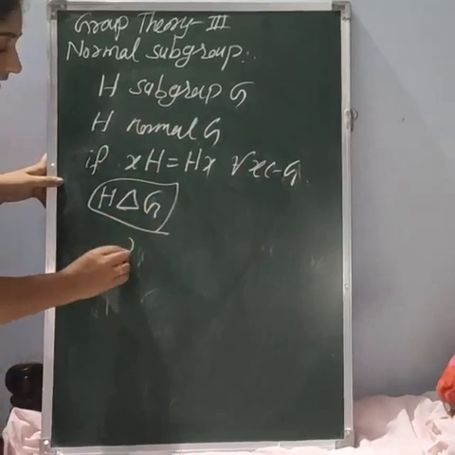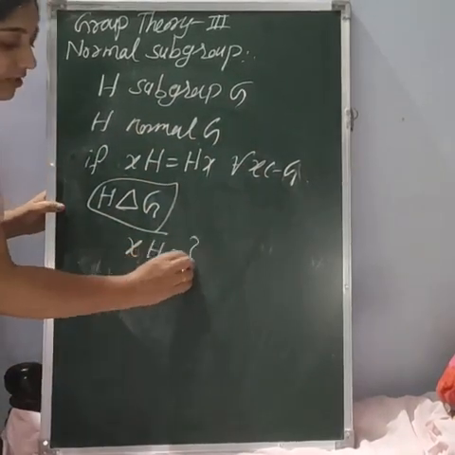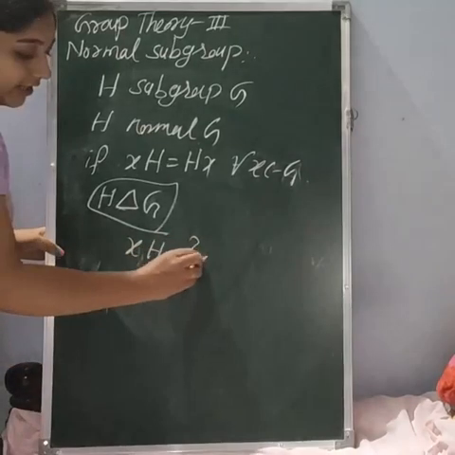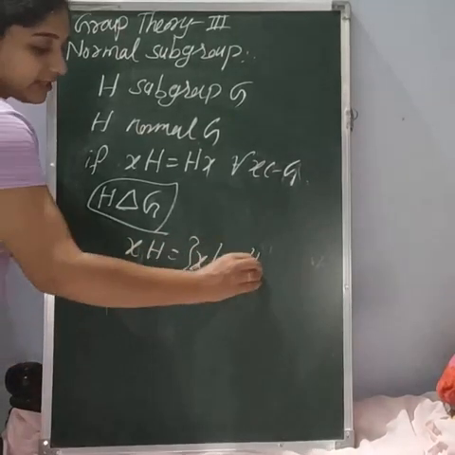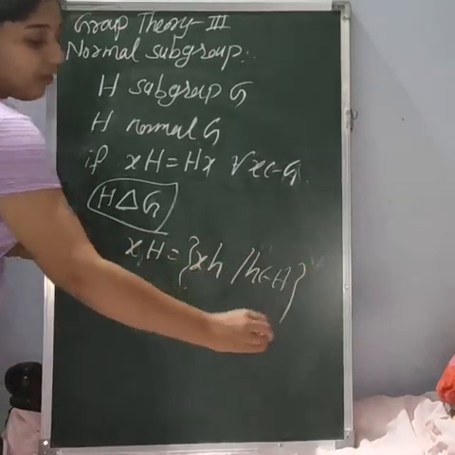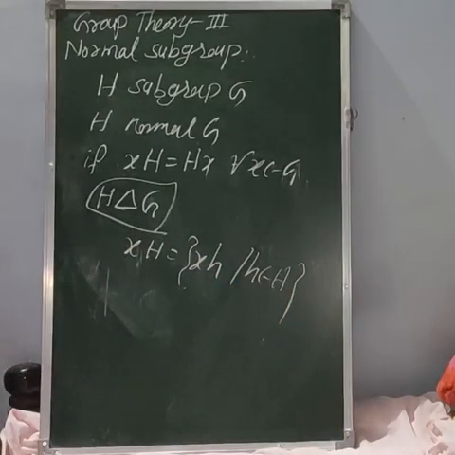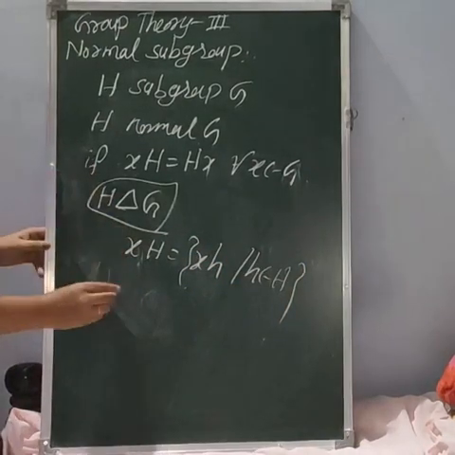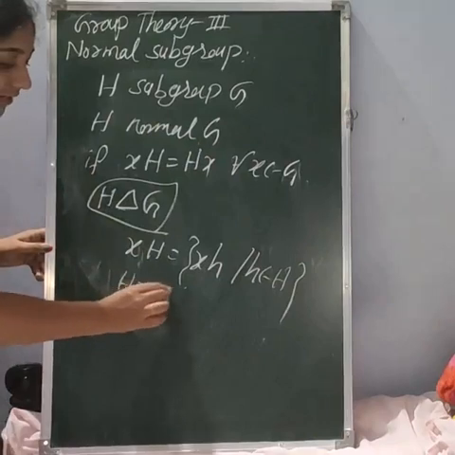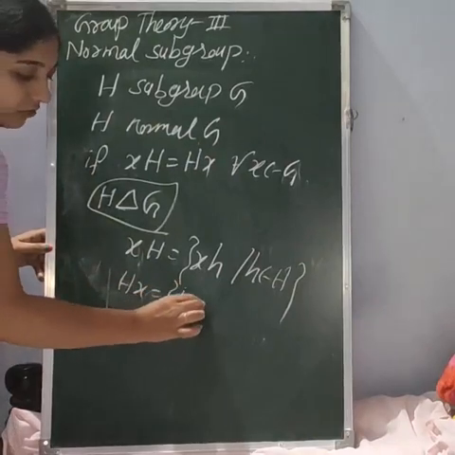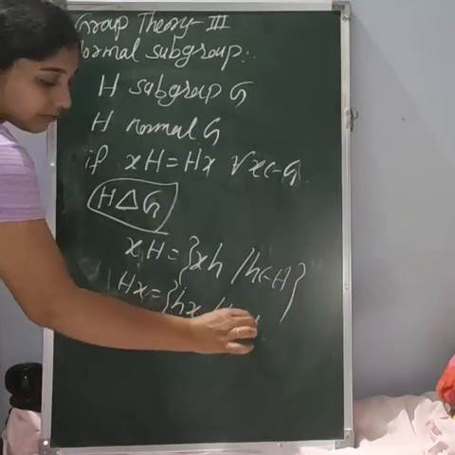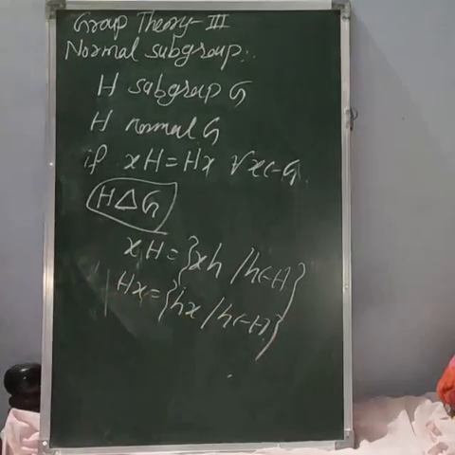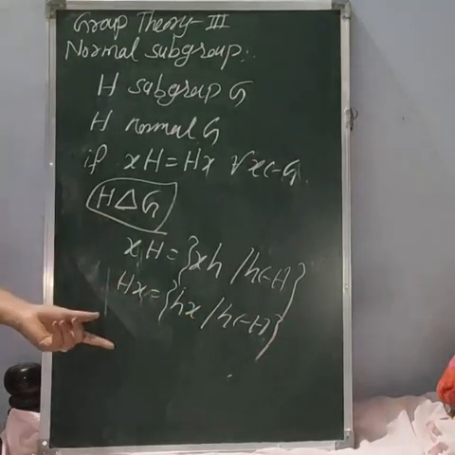Now how will we represent X into H? It is the left coset, all X into small h such that h should be an element of H. Similarly, the right coset is given by H into X such that again h belongs to H. So this is the left coset and right coset.